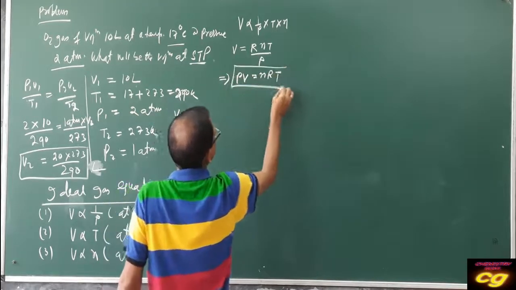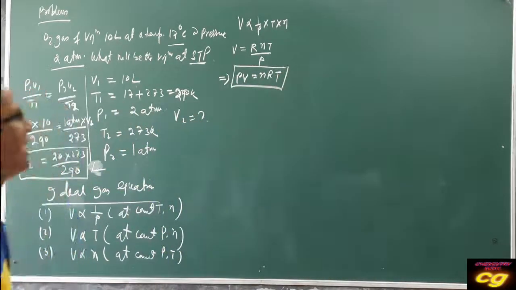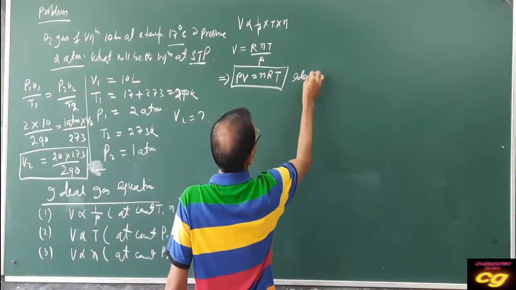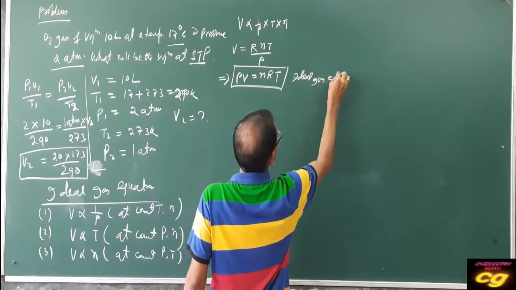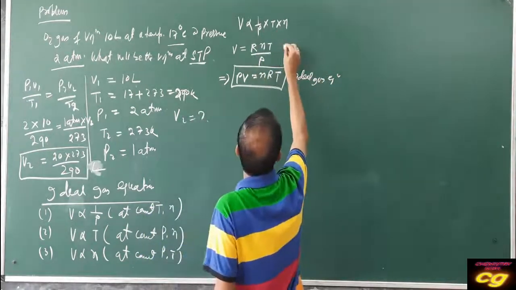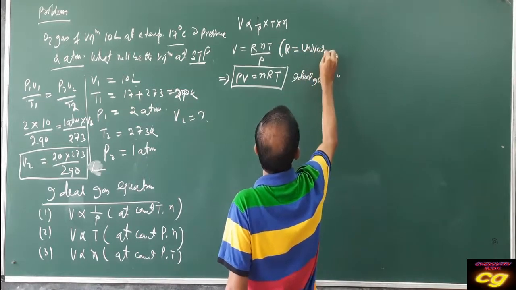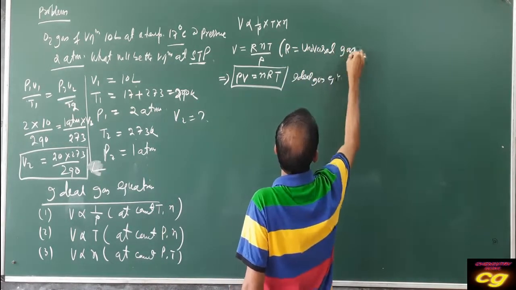So this is the derivation of the ideal gas equation. What is R? R is called the universal gas constant.